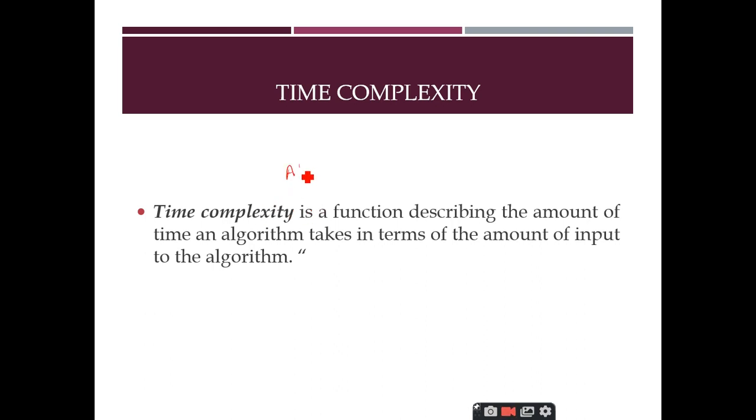If I want to measure the efficiency of A1 and A2, I represent it with the time complexities, right? Time complexity is measured as a function. For example, I say A1 is big O of n, and A2 has the time complexity of n square, where n is the number of elements. Let us assume like that.